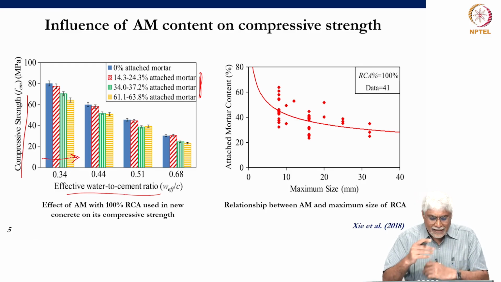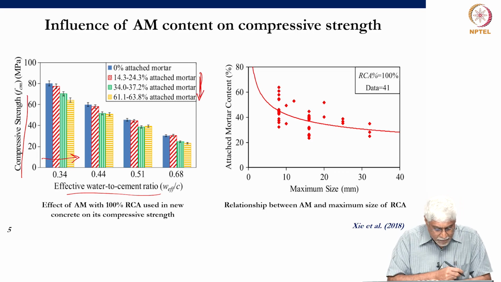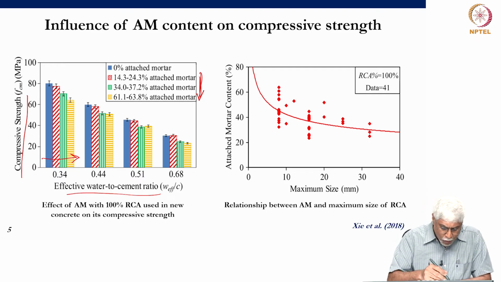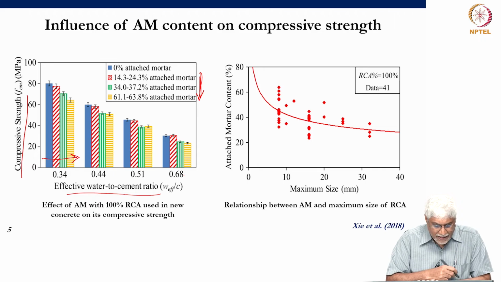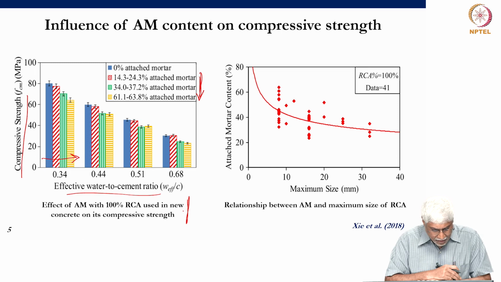So we find clearly that as you have more adhered mortar, strength comes down, and as we know from concrete technology, more water, higher water cement ratio also decreases the strength. And this is data where concrete has been made with all the aggregates being recycled concrete aggregates.